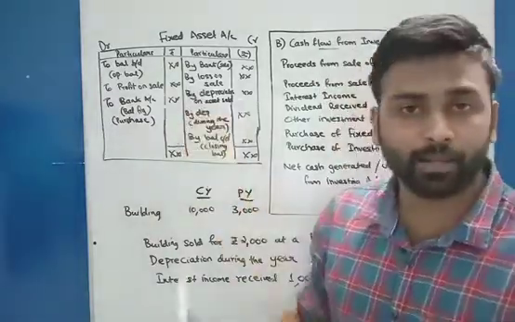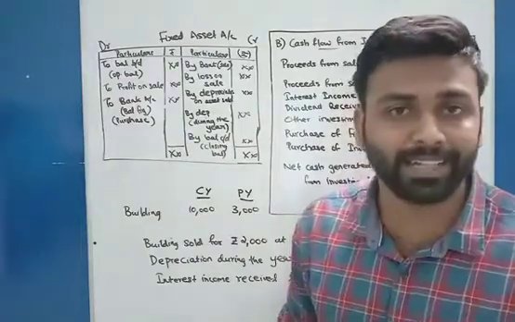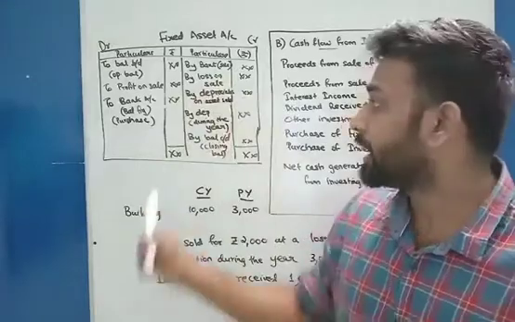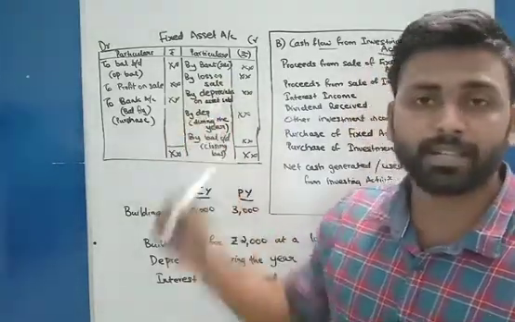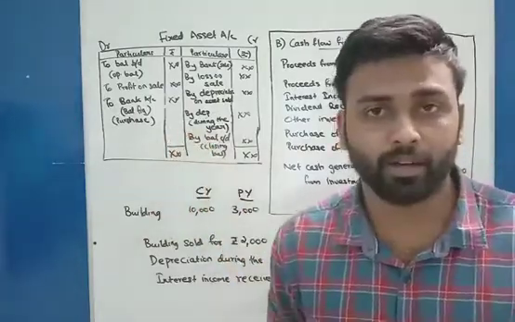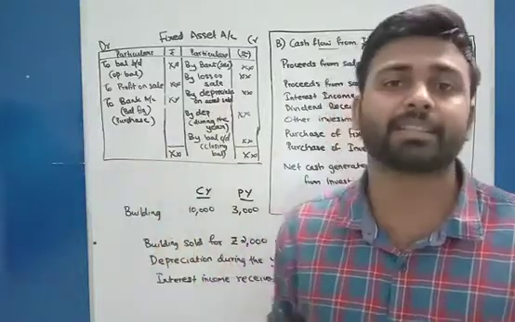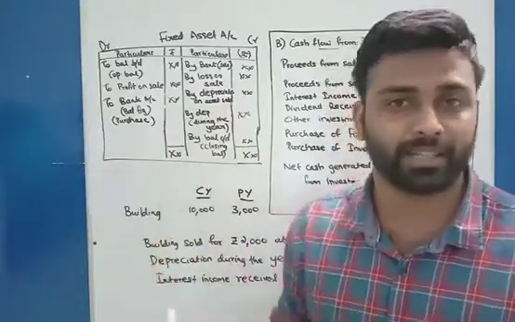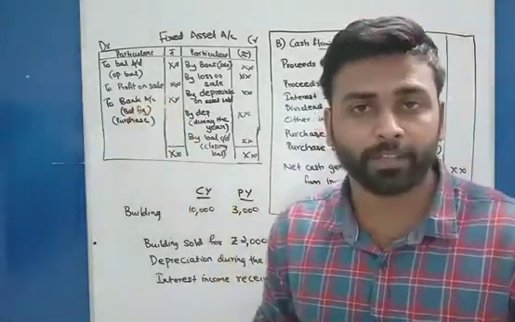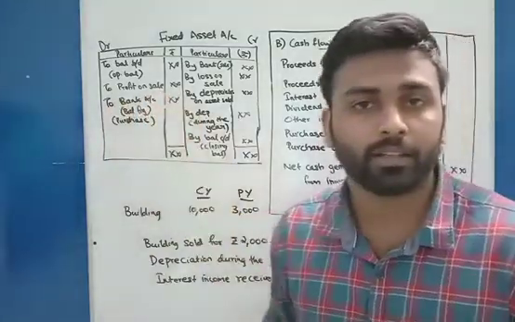If it is sold at a loss, the asset value again decreases, so we write 'by loss on sale'. Also 'by depreciation on assets sold' and 'by depreciation during the year'. These are all items which decrease the value of the asset, so they are credited. If the asset is sold at a profit, its value increases, so 'to profit on sale'.